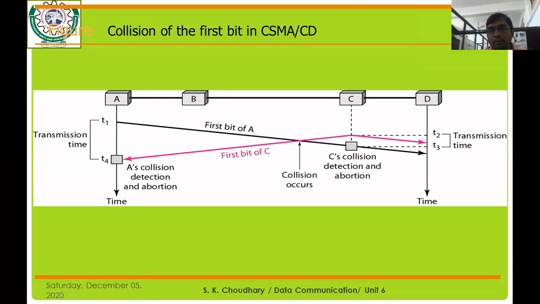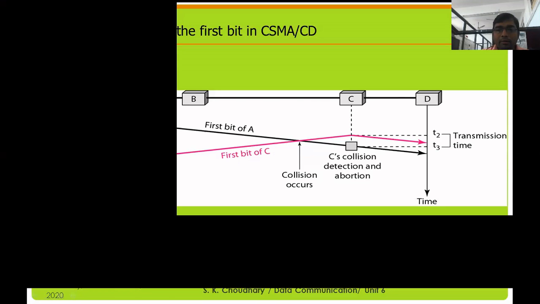After some amount of time, at T2, C would also start to transmit in both directions. And at that time T3, you will find that the collision would occur. So if you see here, you would find that the collision occurs.